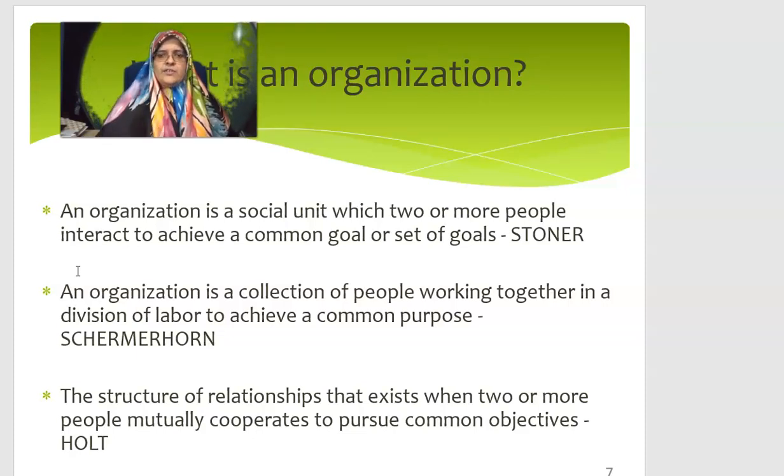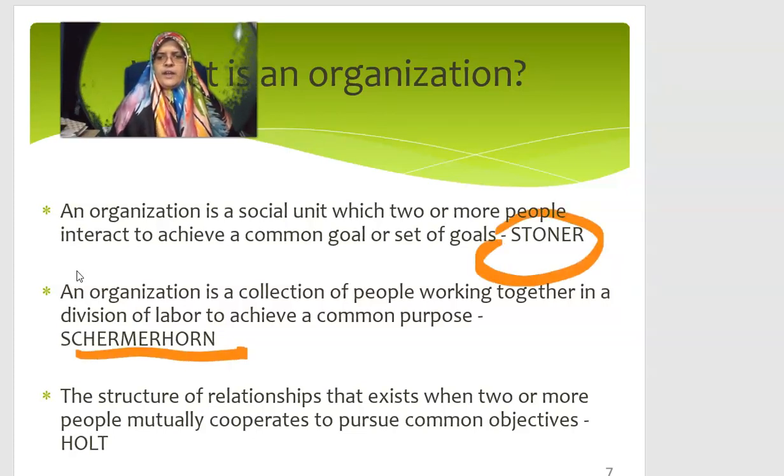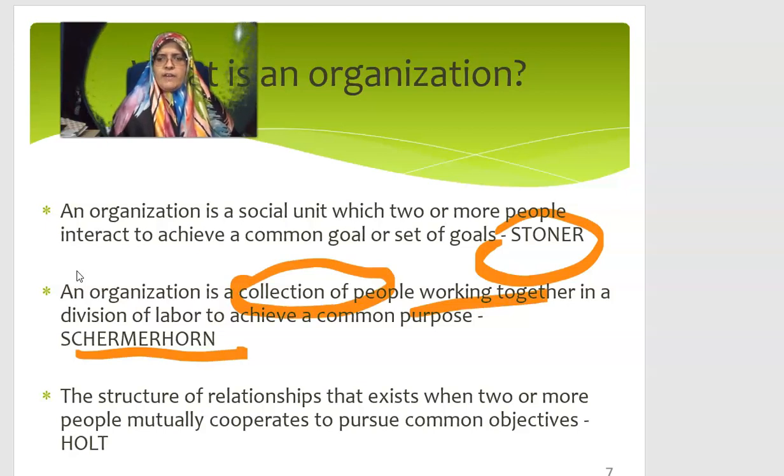So get it? So another definition, if you can see here, this is the first one by Stoner and this is by Schermerhorn. Okay? He says organization is a collection of people working together in a division of labor to achieve a common purpose. And the third one is by Holt. Okay, structure.